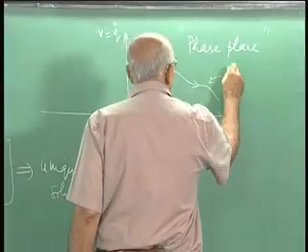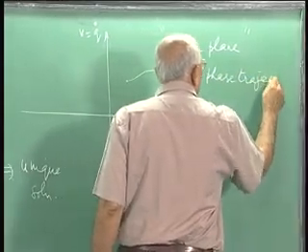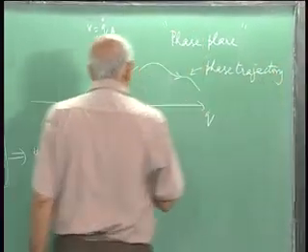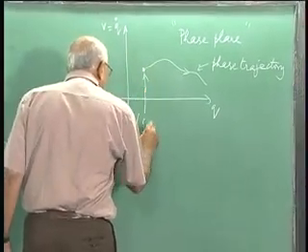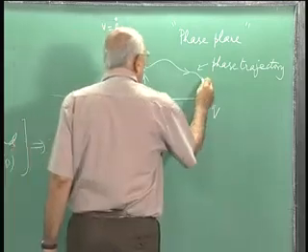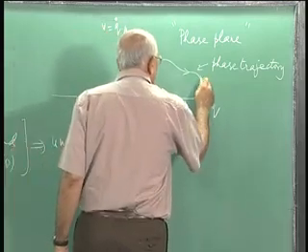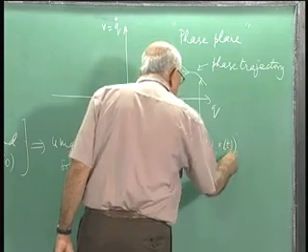This is the phase trajectory. So this point here was q of 0, v of 0, and at any arbitrary instant of time this is q of t, v of t.